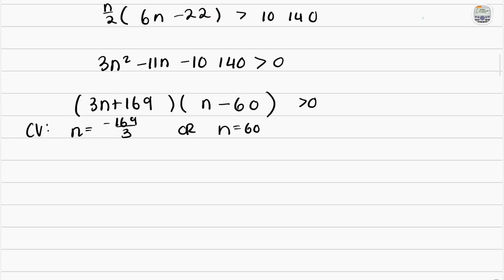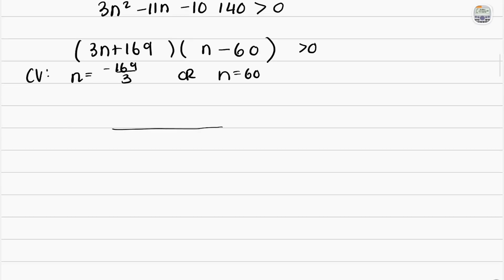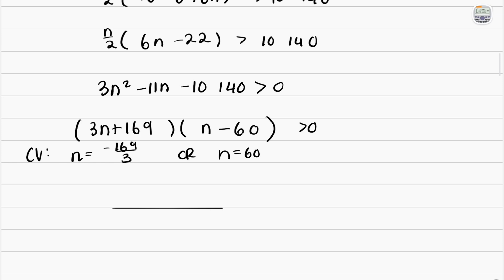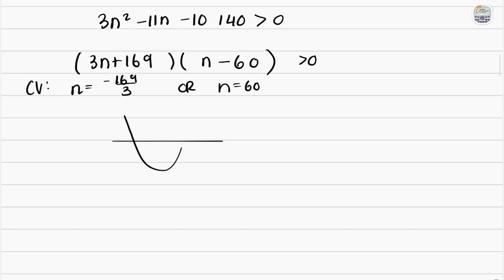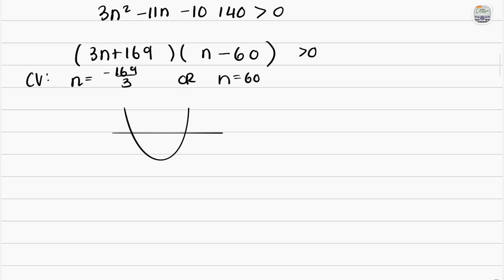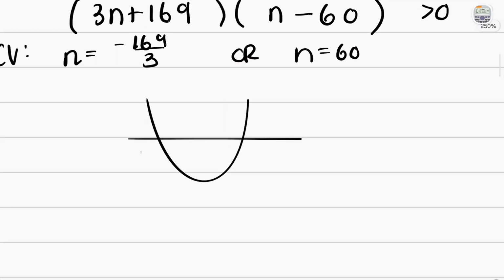So let's just see. We still need to solve for the inequality. So it was a quadratic expression that we had there. But do you see that this is a parabola? And it's specifically a concave up parabola. Okay, if it's a concave up parabola and the critical values were negative 169 over 3, we won't really consider that one.